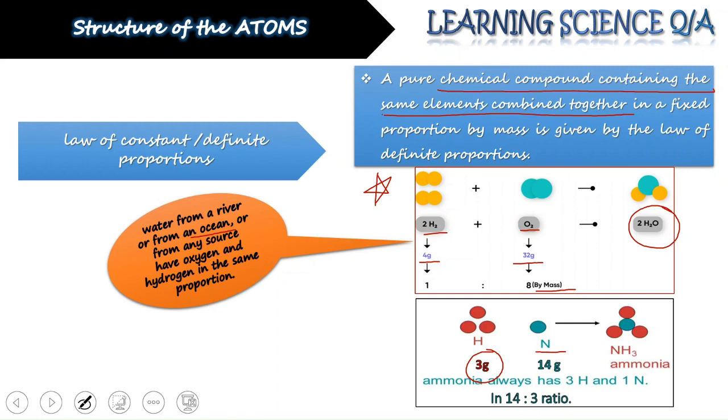So in NH3, the ratio between nitrogen and hydrogen will be 14 is to 3 always. And whenever ammonia is formed, no matter in industries, in atmosphere, from any source we take ammonia, the ratio will be always 3 hydrogen to 1 nitrogen, and the ratio by mass will be 14 is to 3.